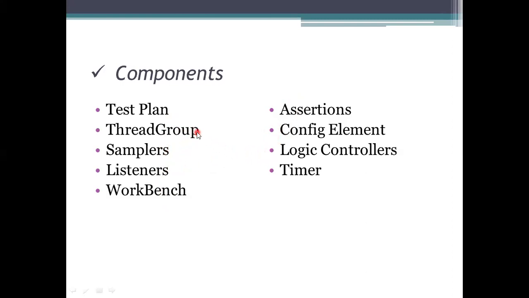These are the virtual users using the website or product. So for every test plan, the important aspect is that it should use a thread group as a mandatory element.